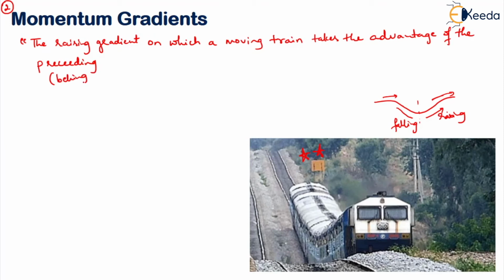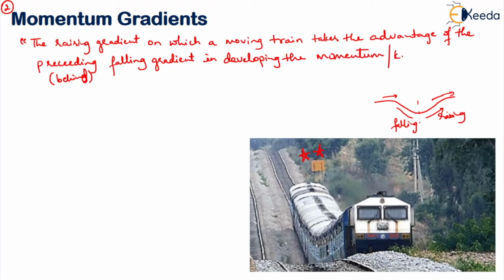Preceding is nothing but behind, or you can say previous or before. Preceding falling gradient in developing momentum, or the kinetic energy, you can say, kinetic energy, for its negotiation. So this is the actual definition of the momentum gradient.